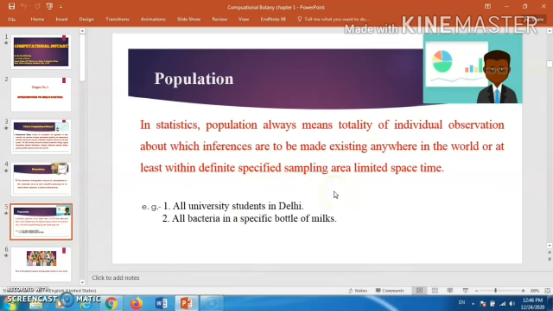In statistics, population always means totality of individual observations about which inferences are to be made, existing anywhere in the world or at least within a definite specified sampling area, limited space-time. So for example, all university students in Delhi, all bacteria in a specific bottle of milk.